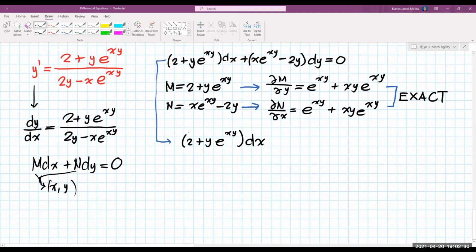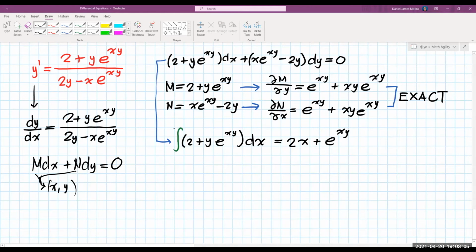Since we have dx, we integrate with respect to x, and y will be a constant. Integrating with respect to x, we have 2x, and for the second term, e raised to xy. You can use substitution or an integrating factor since y is a constant here.